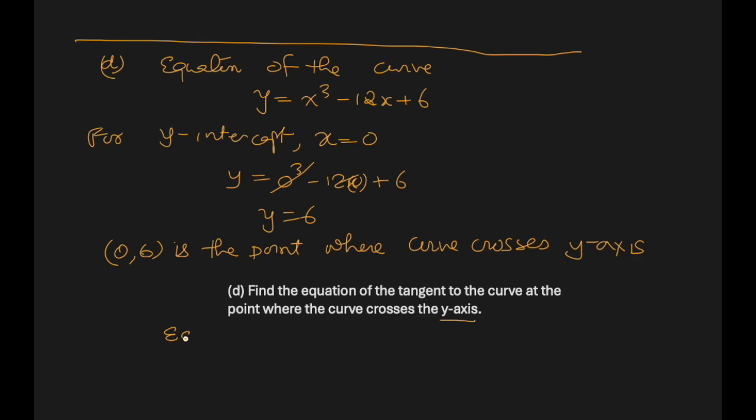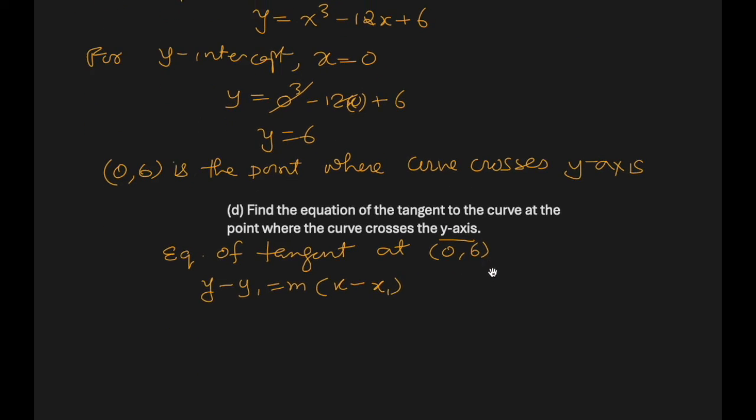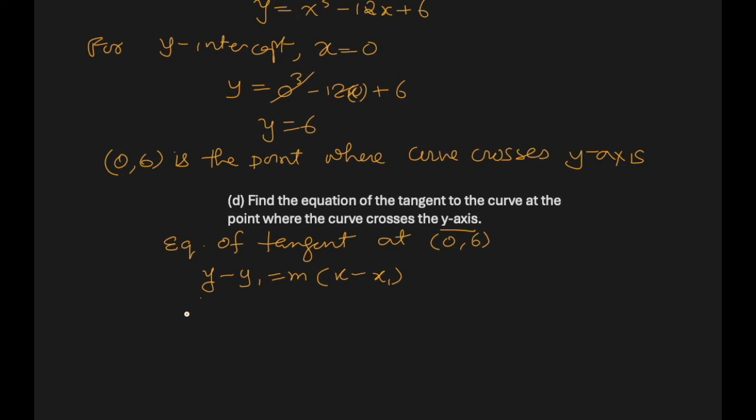So equation of tangent, that's what they're saying, right? At 0, 6 will be normal formula y minus y1 equal to m times x minus x1. So y and x are general forms, so general points, so we will not touch them, but y1 and x1 are the coordinates of the point where the tangent is passing through.